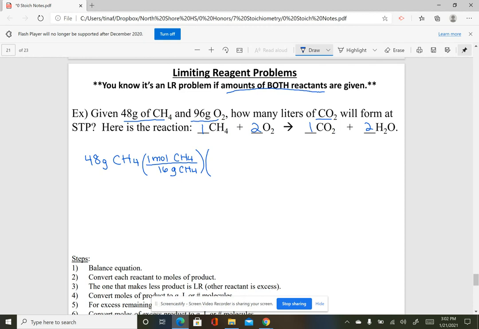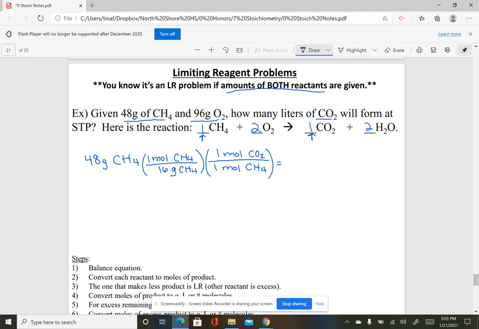Because now the question wants to know about CO2, and I'm given information on CH4. So now I have to use the coefficients in my reaction to say, all right, well, for every 1 mole of CH4, I'm going to be able to make 1 mole of CO2. And this is from the other video. I got those numbers by looking at what the coefficients are.